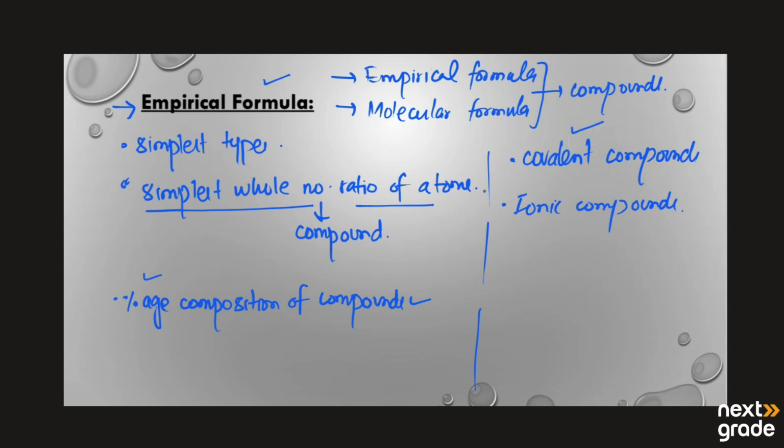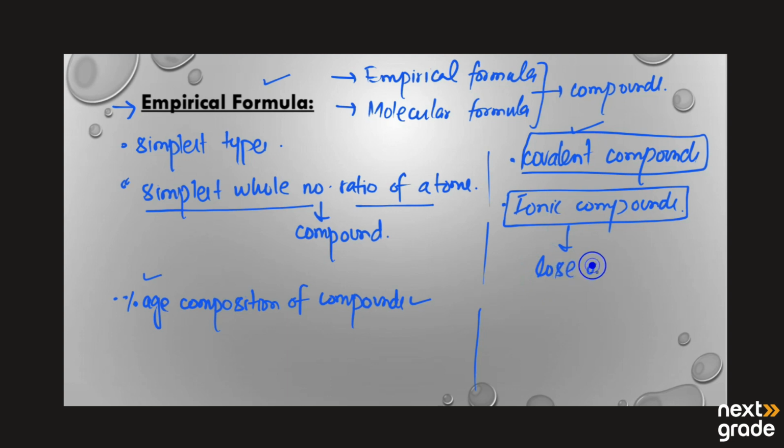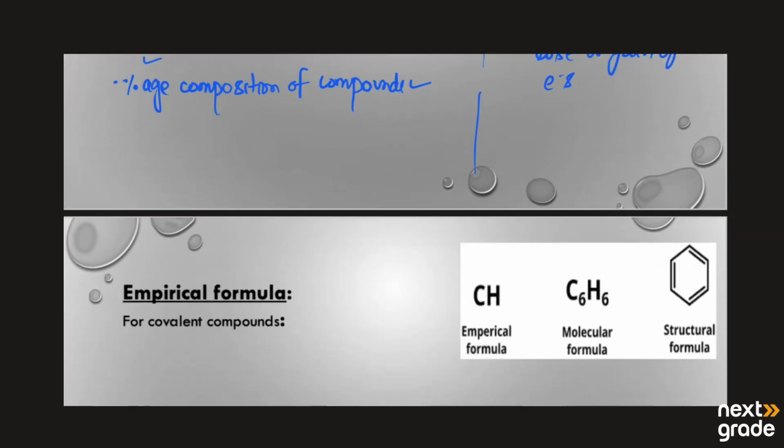The compounds that are formed by mutual sharing of electrons are known as covalent compounds, and ionic compounds consist of ions, involving the loss or gain of electrons.